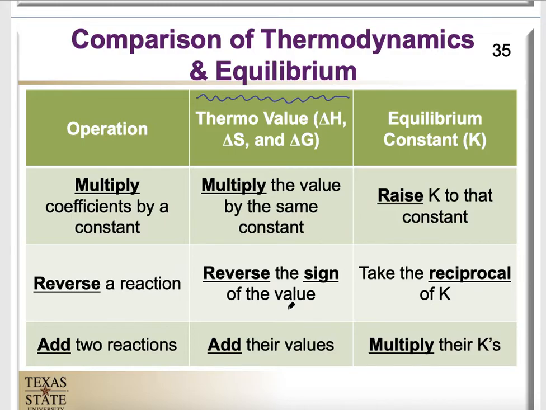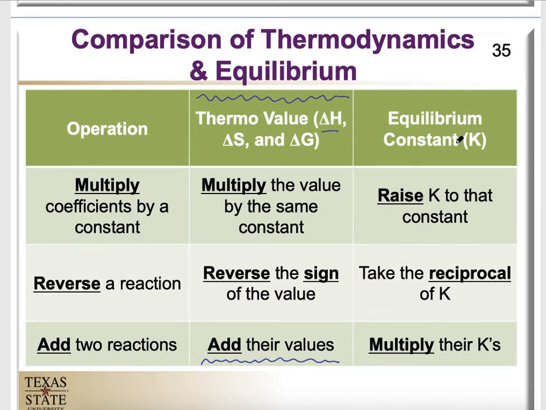For example, if they were negative, they would become positive instead. And if you have two equations and you add them together, then the values of the enthalpies, entropies, or Gibbs free energy of the two equations would be added. These are the same rules that you utilized in General Chemistry 1 when you were treating the enthalpies. But I'm putting here the other things that we have done in this semester where the rules were very different.